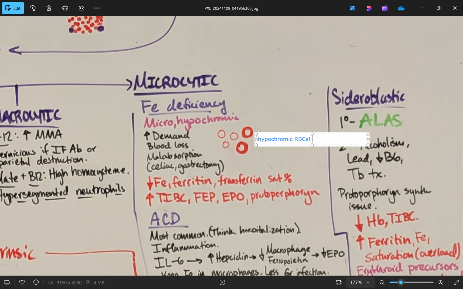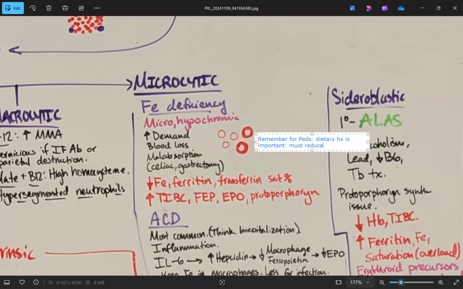An important distinction to make as we talk about these labs is that TIBC, or your transferrin binding capacity, is usually associated with your ferritin, and they're always opposite. So if your ferritin goes up, your TIBC goes down, and if your ferritin goes down, your TIBC goes up.